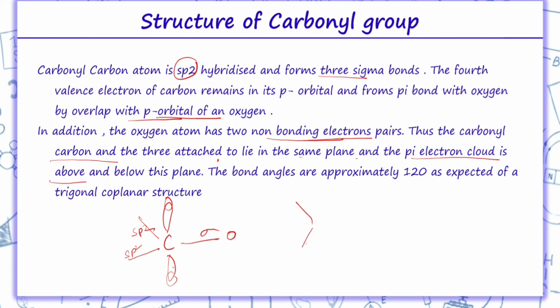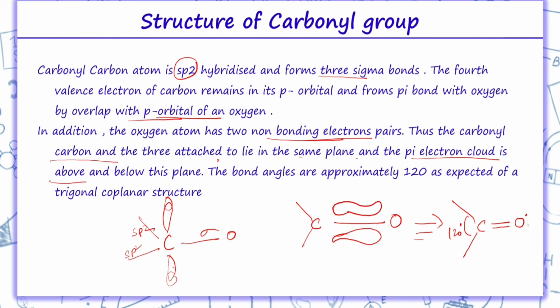Like this we have, this is carbon and this is oxygen. So this pi electron cloud is above and below. Thus, the bond angle between them is 120 degree. This is double bonded O and here the bond angle between them is 120 degree.